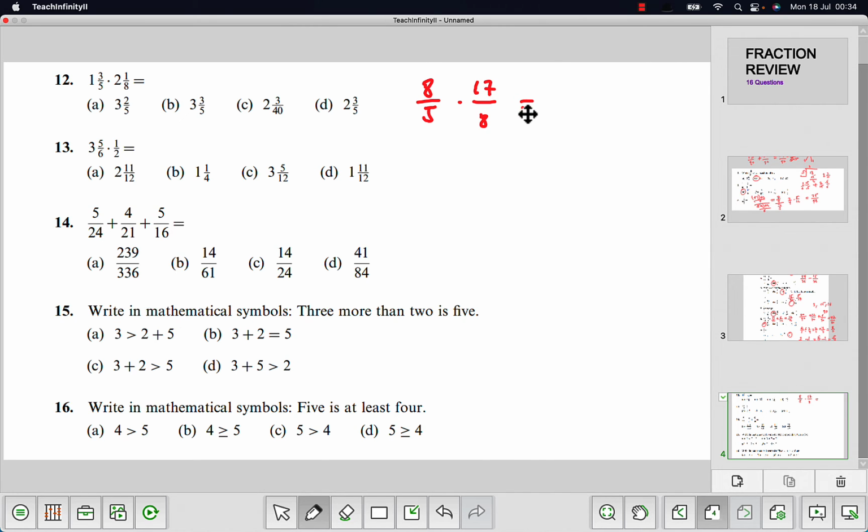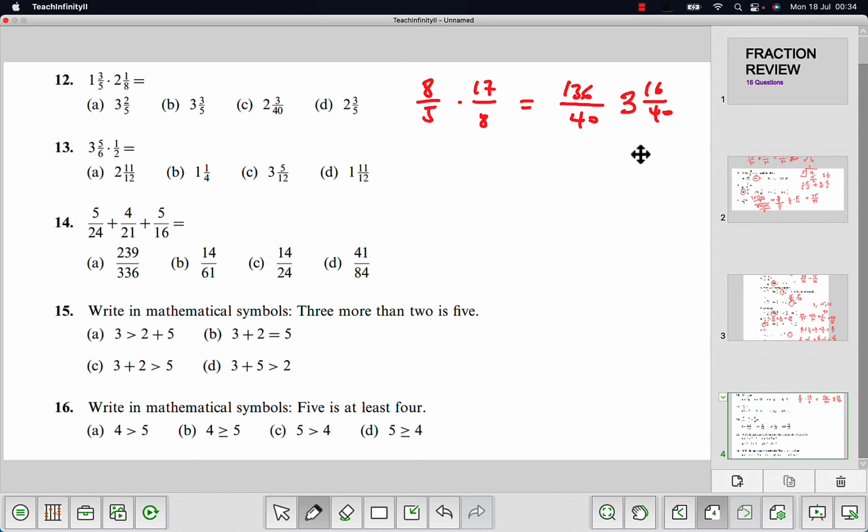And so this is going to wind up as 40, and then 8 times 17 is 136, right? So 3 times 40 is 120. So I guess it's 3 remainder 16/40, right?